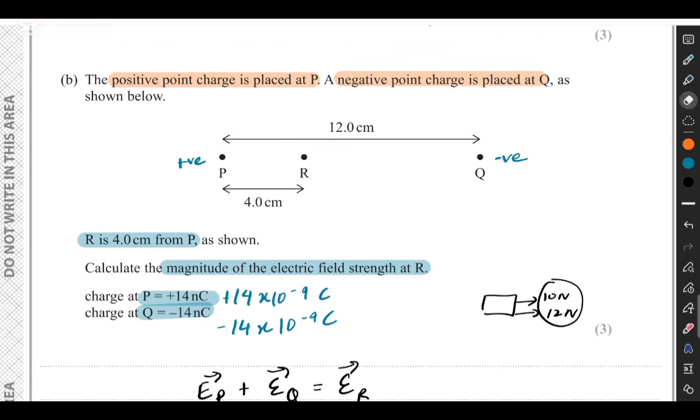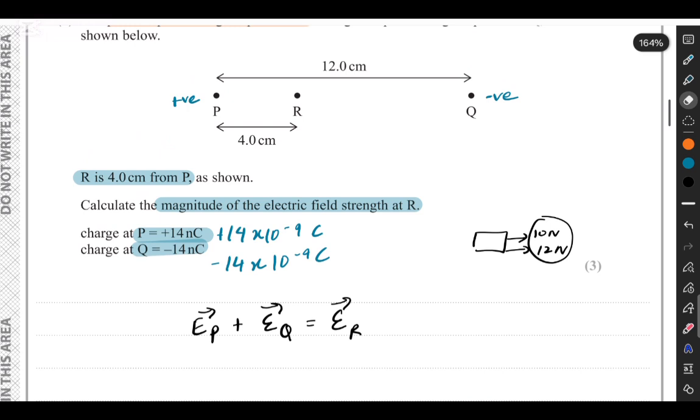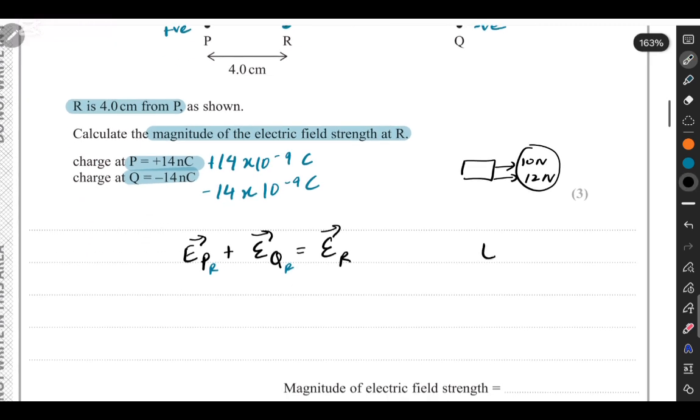Make sense? So how do we find the electric field due to P at R? The formula for electric field is kQ, the source, divided by r square.